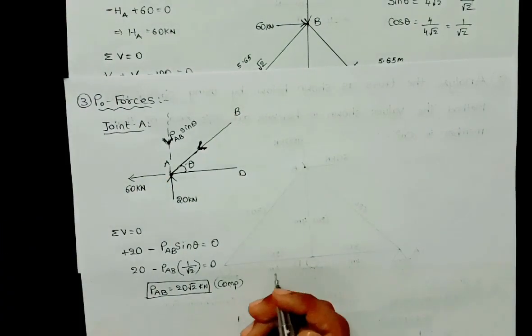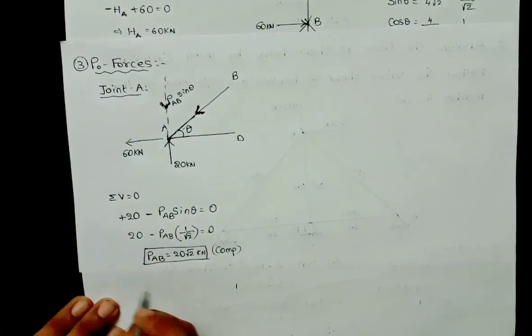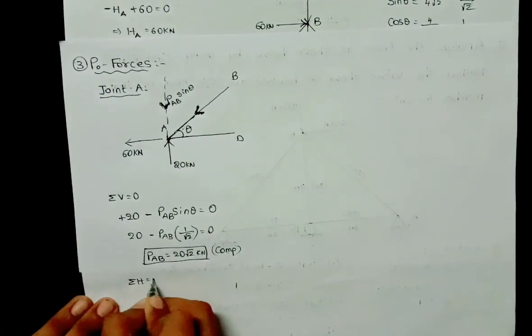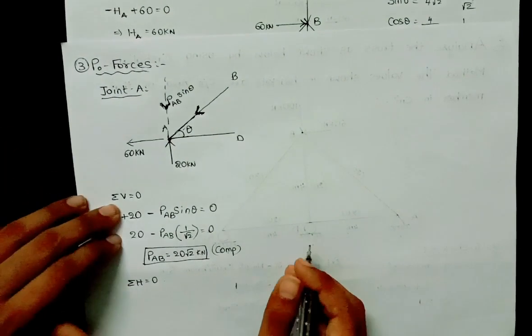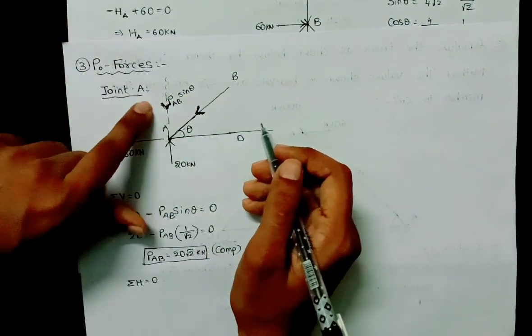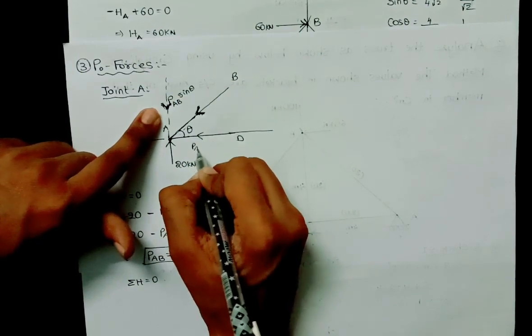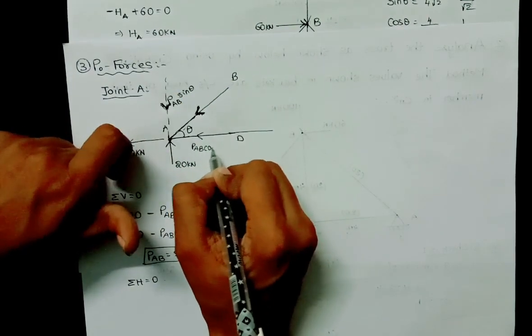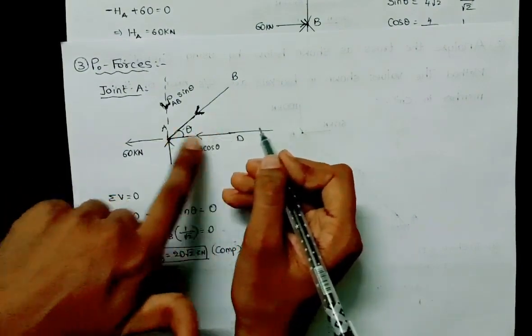Okay. Now again I will apply sigma h equal to 0. So what are the horizontal forces we are having? Initially this member I have resolved vertically. Now I will resolve it horizontally. So PAB, if this is sin theta, this will be cos theta, and there is member AD.